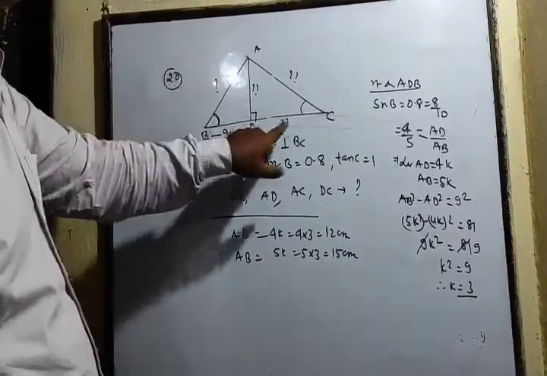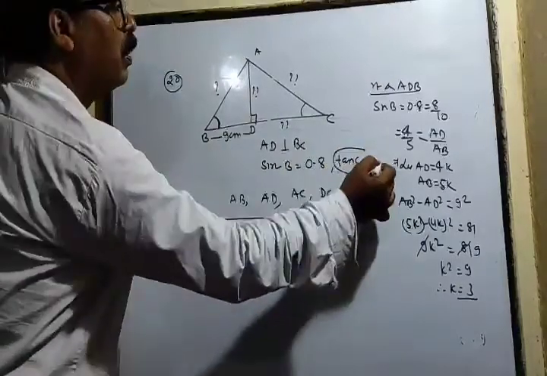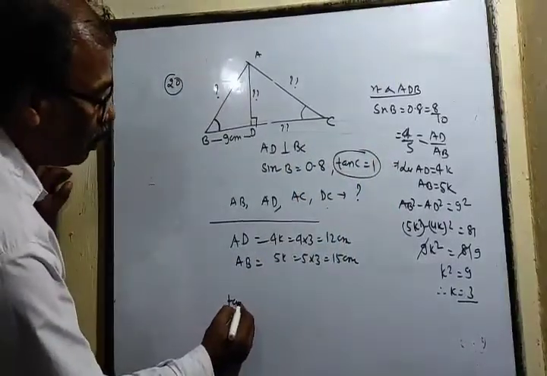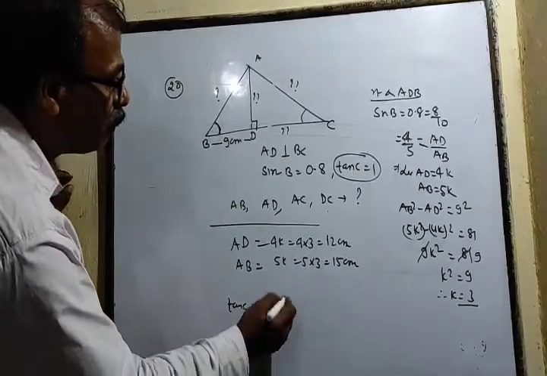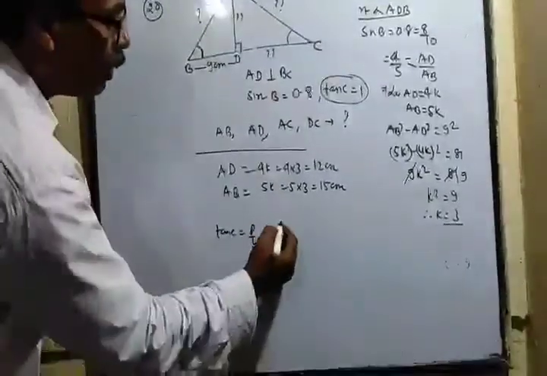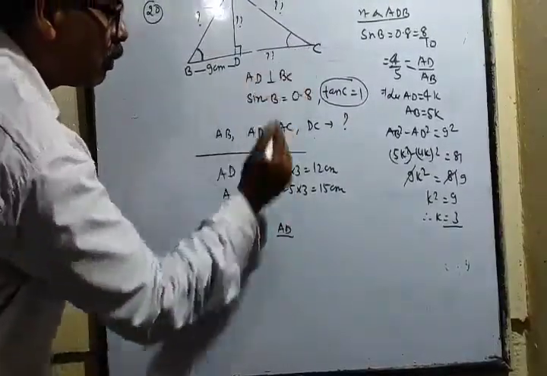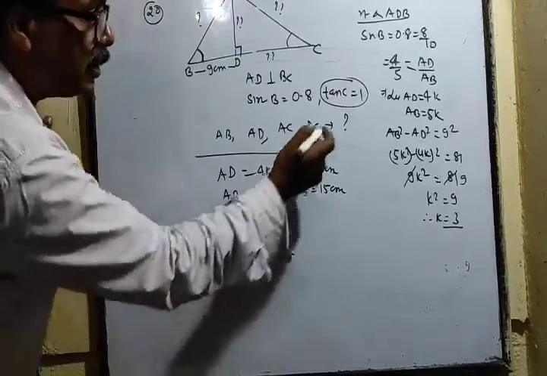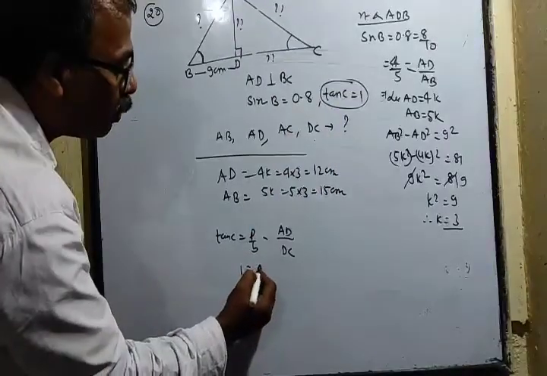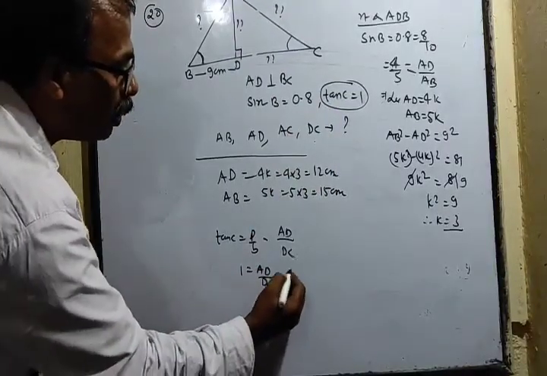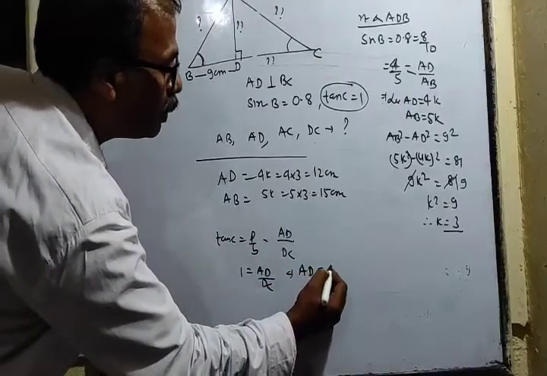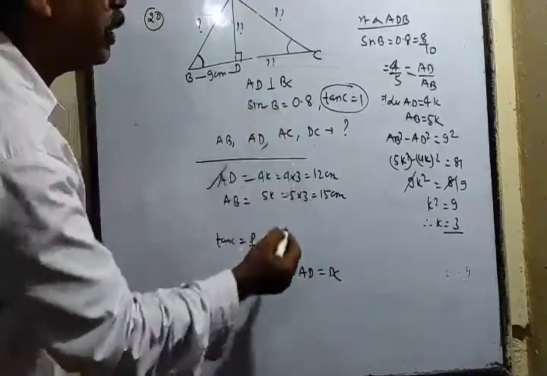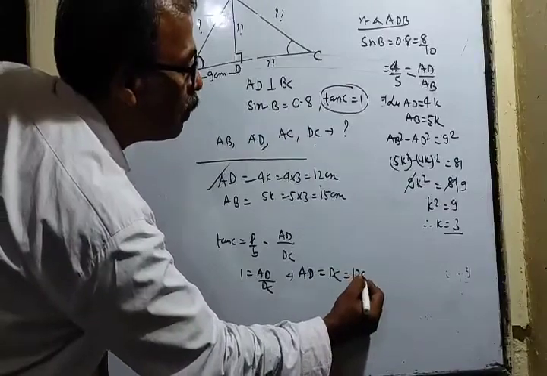Now we have to find out this one. So we'll use this property. Tan C, it is P by B. And for this angle C, P is AD. And B is how much? DC. And tan C is given as 1. So 1 is equal to AD by DC. It implies that AD will be equal to DC. And since we know the value of AD is equal to 12, so DC will also be 12 centimeter.